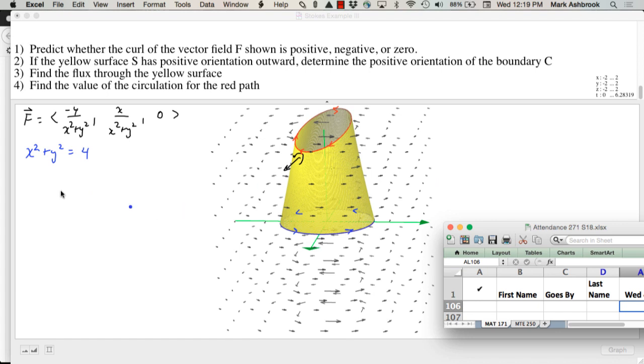And the top ring is the ellipse, x squared over 9 plus y squared equals 1, z equals 5.